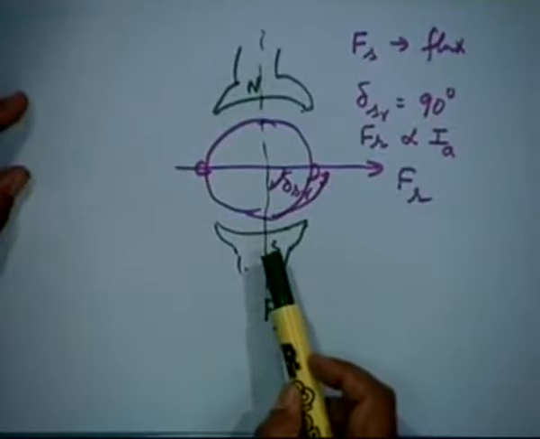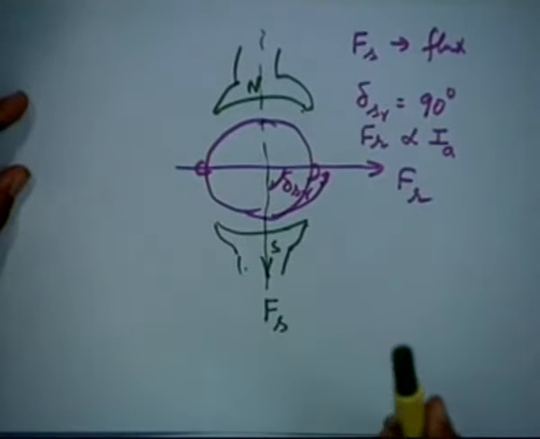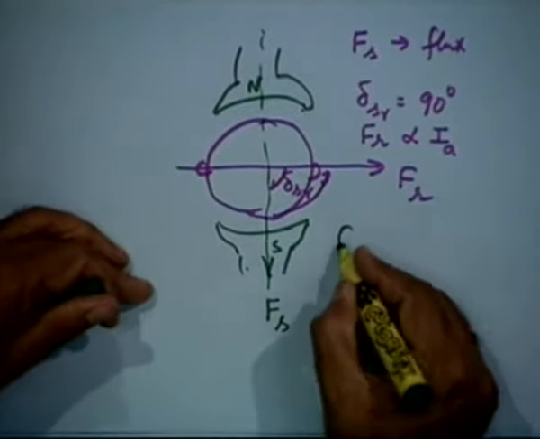So we use the formula FS FR into sin delta SR. Here in this case sin delta SR is always 1. So that is what you know.